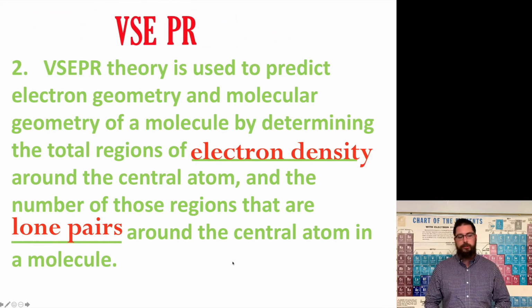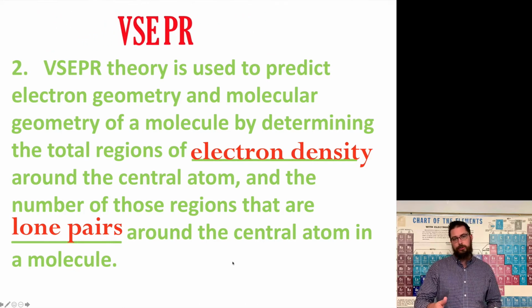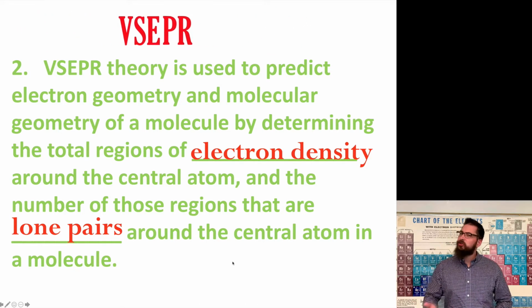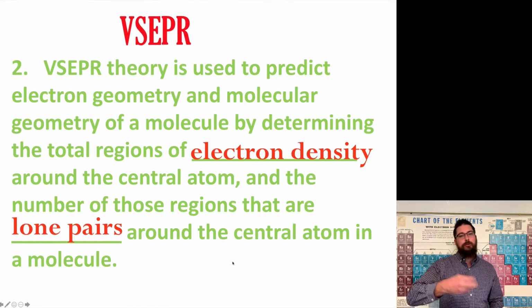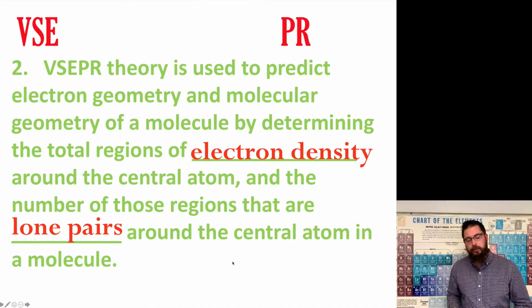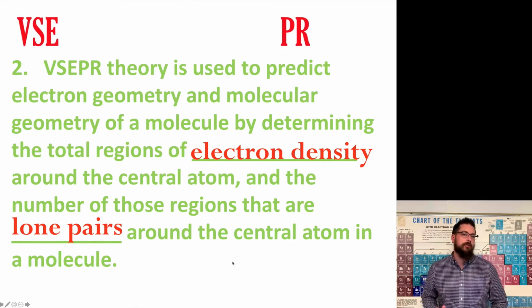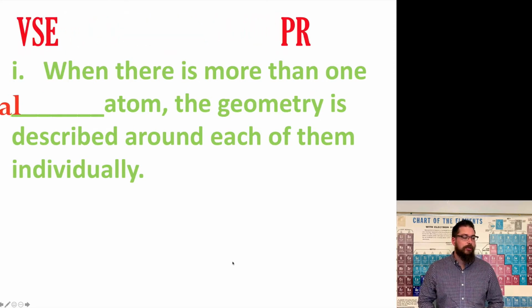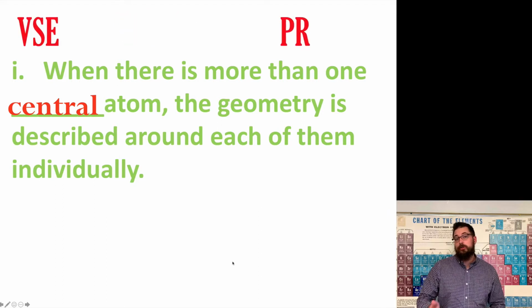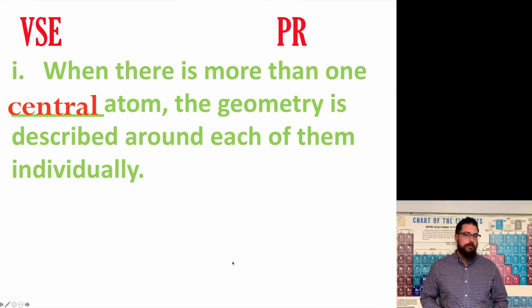We're going to really focus on molecular geometry, but electron geometry is essentially the molecular geometry, except it includes the lone pairs within that geometry as well. When we look at the different models in a moment, I'll talk about that. When there is more than one central atom, like in the Lewis structures where we had multiple carbon atoms, we talk about the geometry around each central atom.